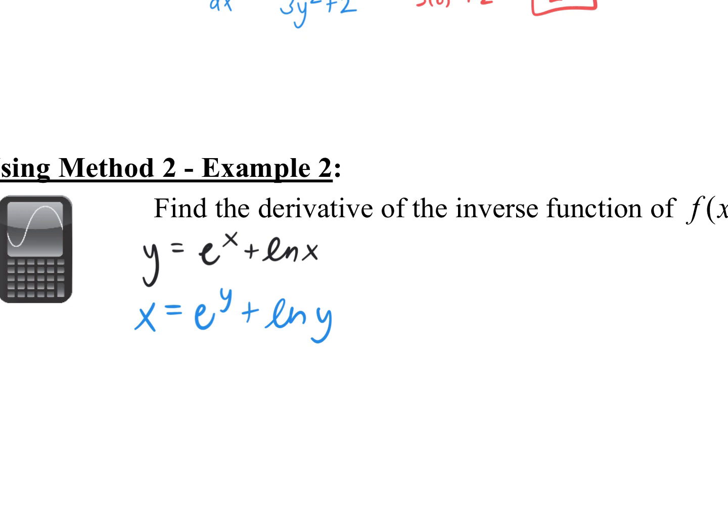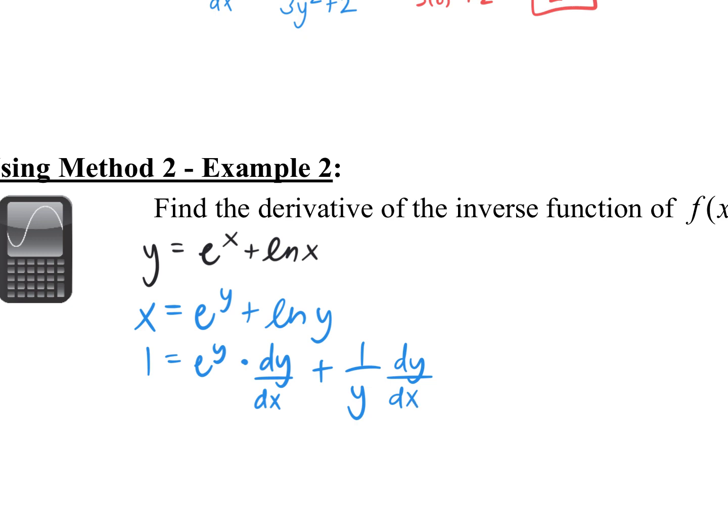Okay, so derivative of the left side, derivative of x is 1. Derivative of e to the y is e to the y times dy dx. Now, derivative of the natural log of y is 1 over y times dy dx.